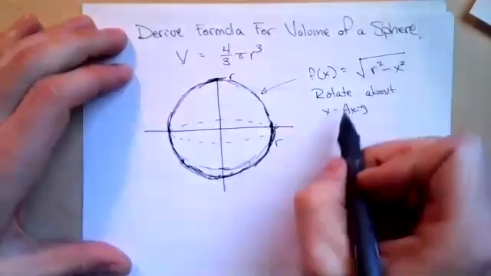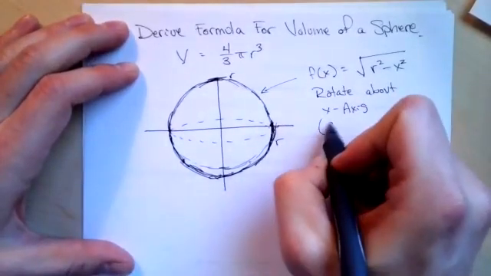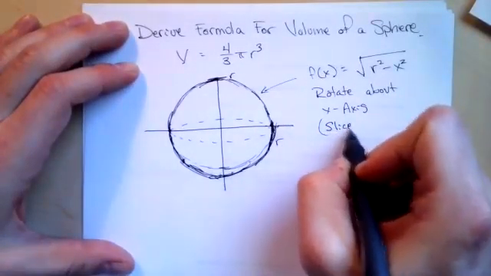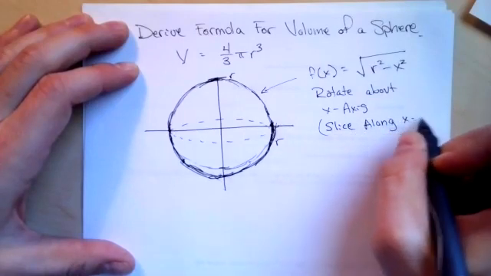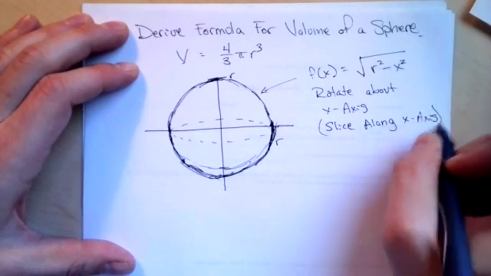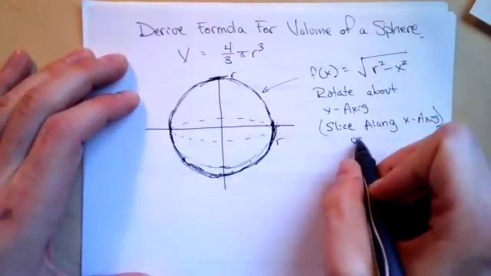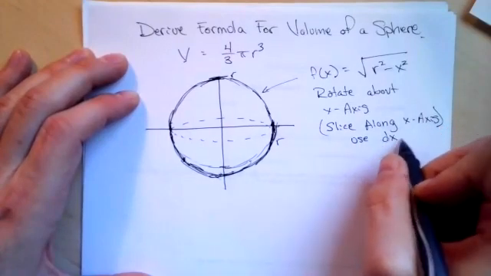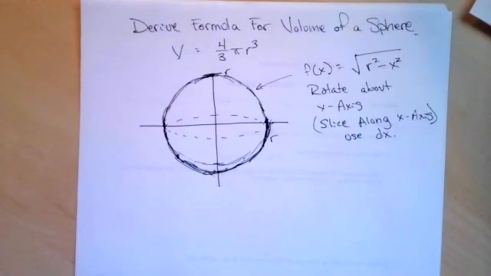And since we're rotating about the x-axis, we want to slice along the x-axis, meaning we're going to use dx. We'll generalize this once we see some more examples.